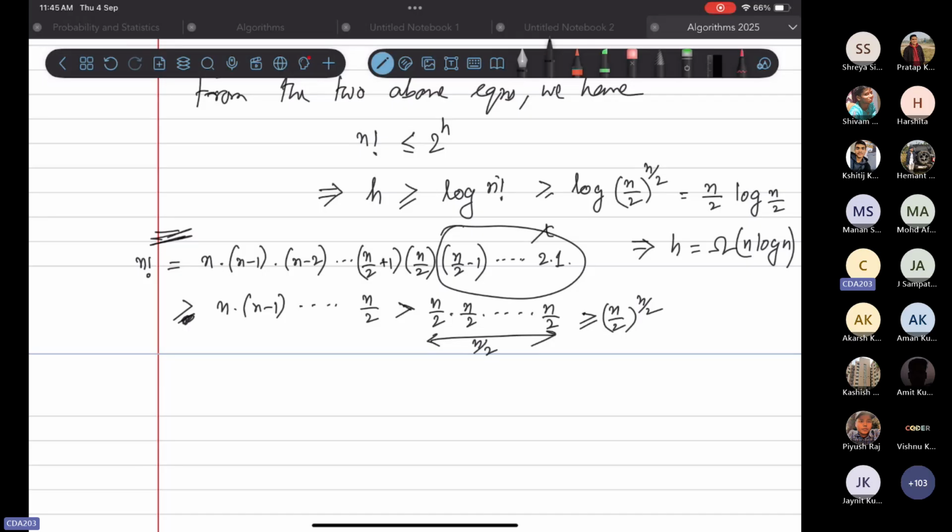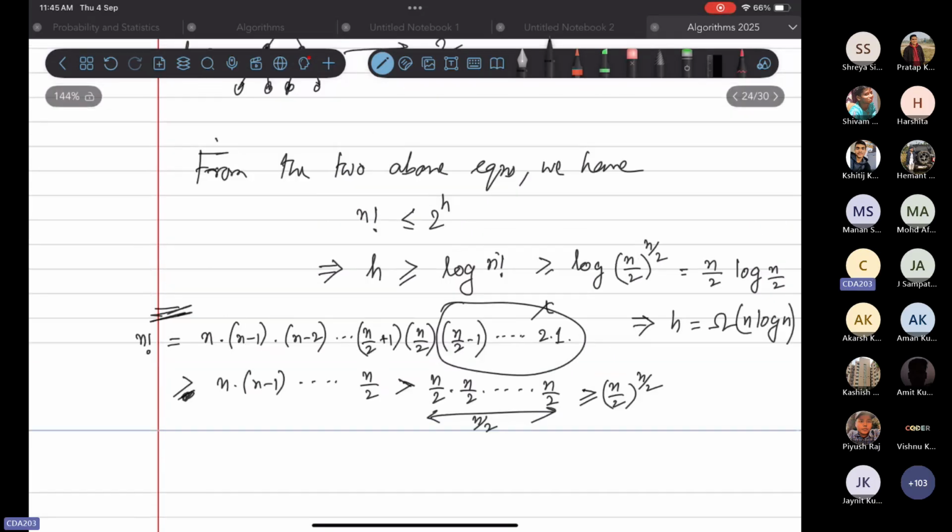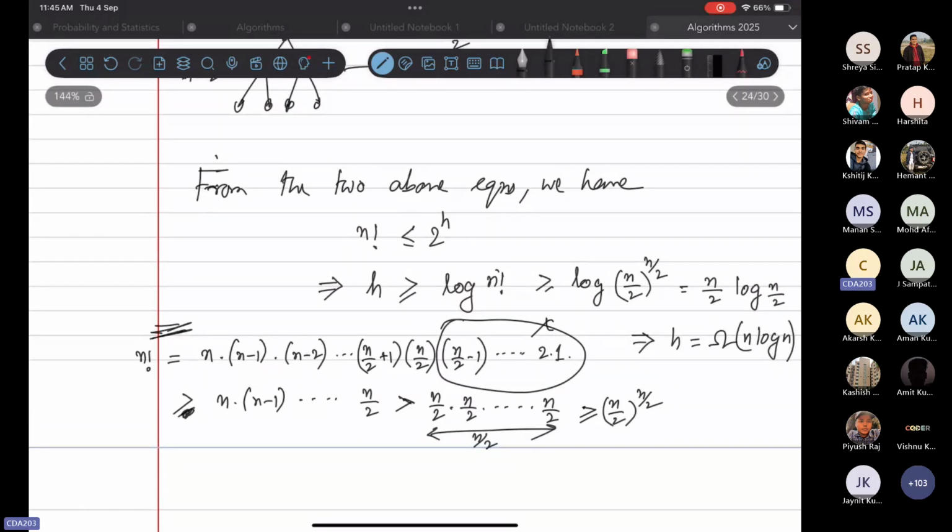Is this okay? Any question regarding this? So what we have proved, for any decision tree, last one is this. So this factorial n is equal to this.